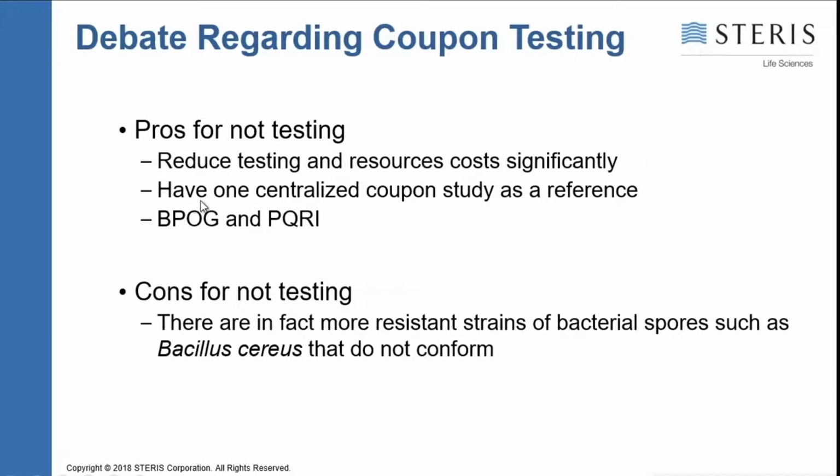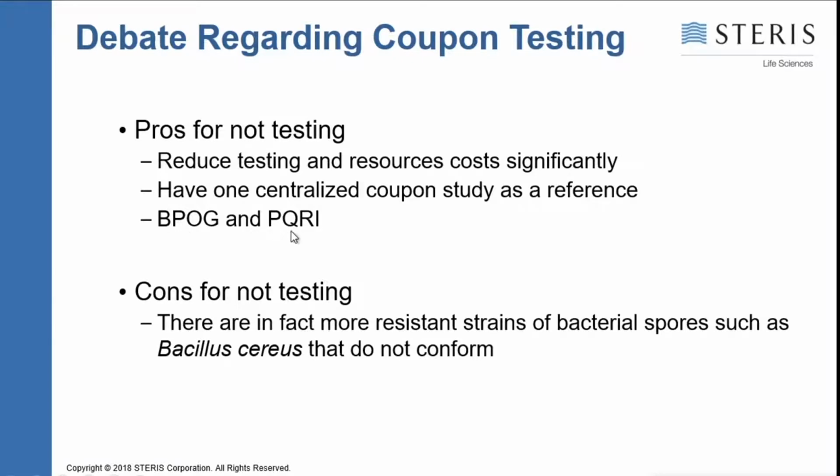Another key thing can be if you had one big centralized coupon study, then all of your pharma, biotech, and medical device companies could reference that and you wouldn't have to do the additional testing. One group that's been working on that is the BPAWG group. They recently did publish a PDA journal article on this.